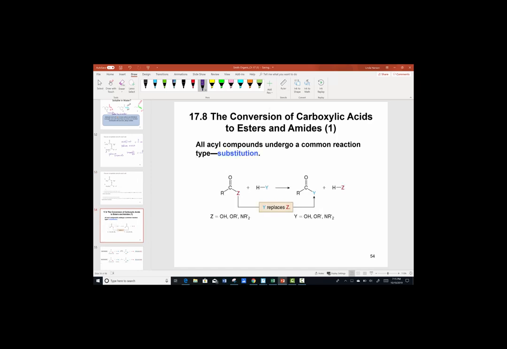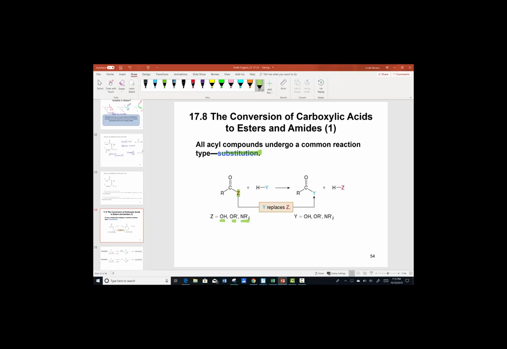Let's look at a second type of reaction, the next type past acid-base chemistry, and it's called substitution. Now we've practiced substitutions with other functional groups. Notice here on my carbonyl group, C double bond O, we have something that could be an acid, an ester, or an amide.